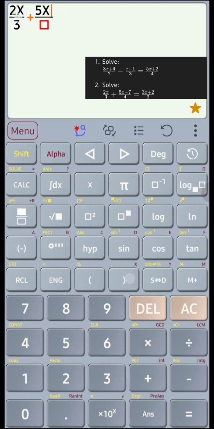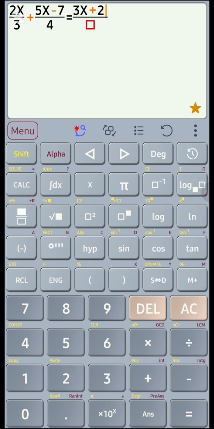So 5 alpha x minus 7. And then we have 4 at the denominator. And all of them is equal to. So in order to use the equal to, we have alpha calc. So we have equal to another fraction, 3x, so 3 alpha x plus 2, and then 2.